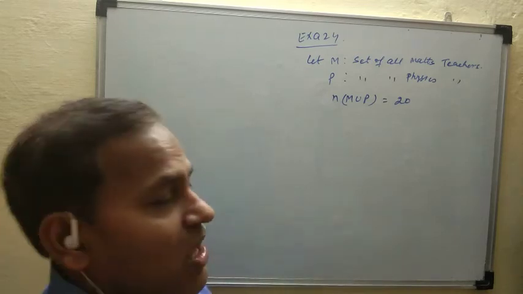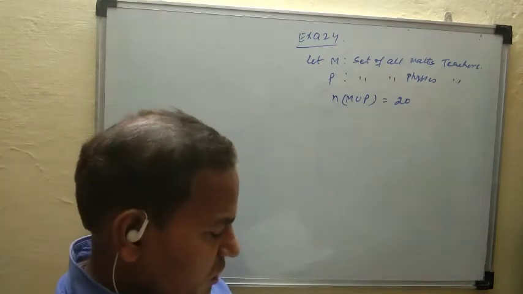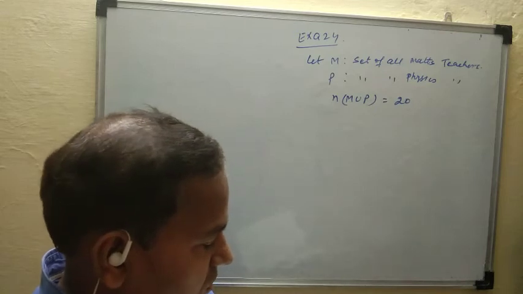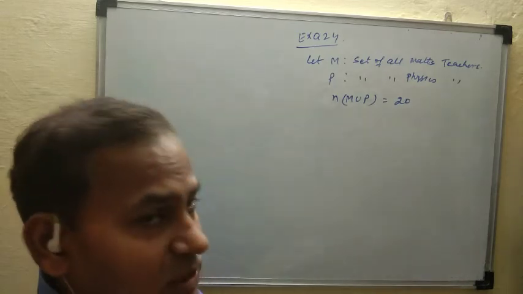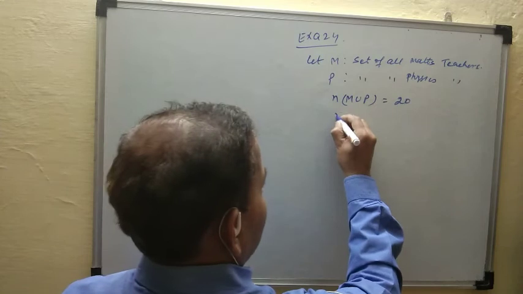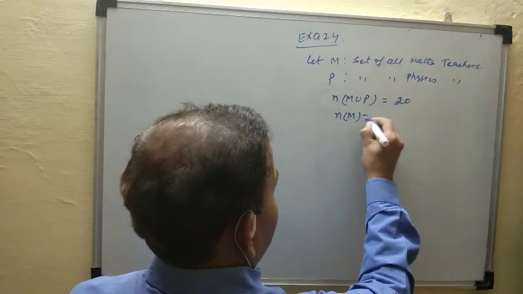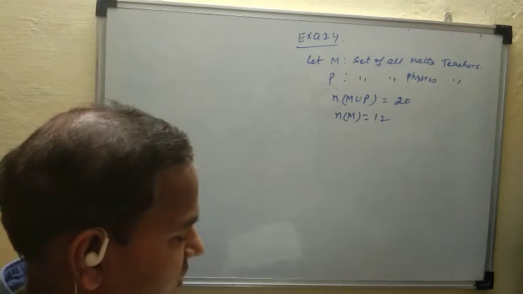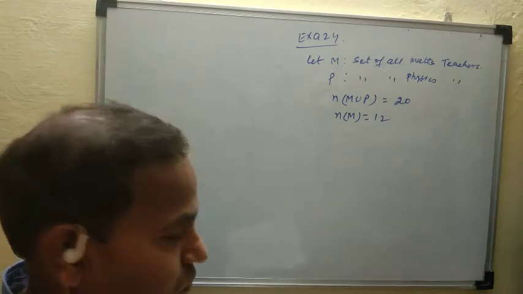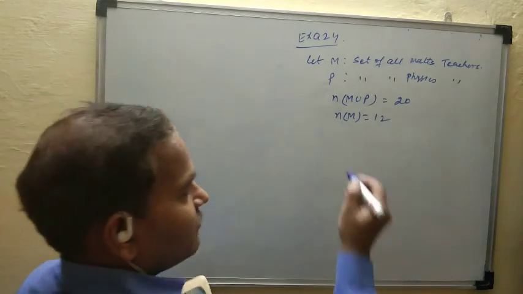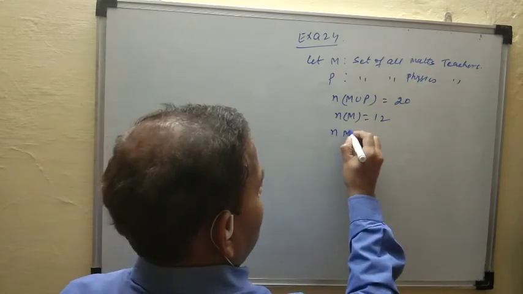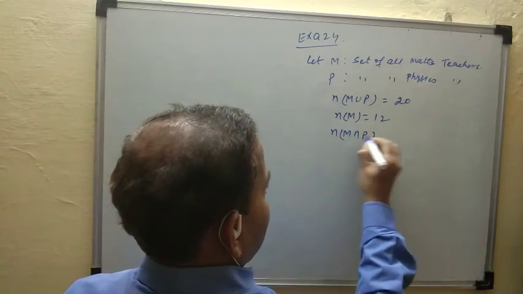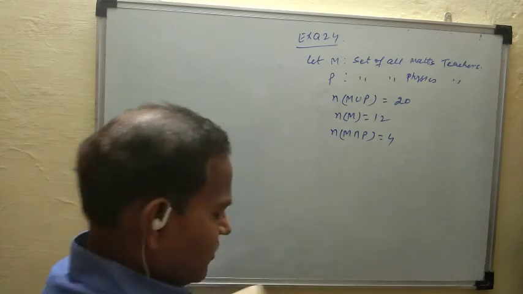So number of M union P is equal to 20. Of these, 12 teach mathematics, that is, number of M is equal to 12. 12 teach mathematics and 4 teach both math and physics, so the intersection is given as 4.